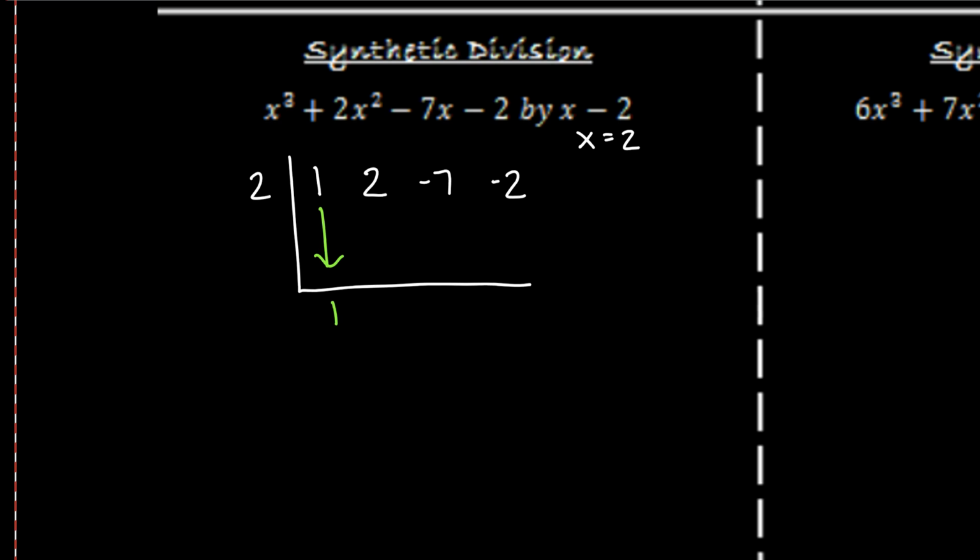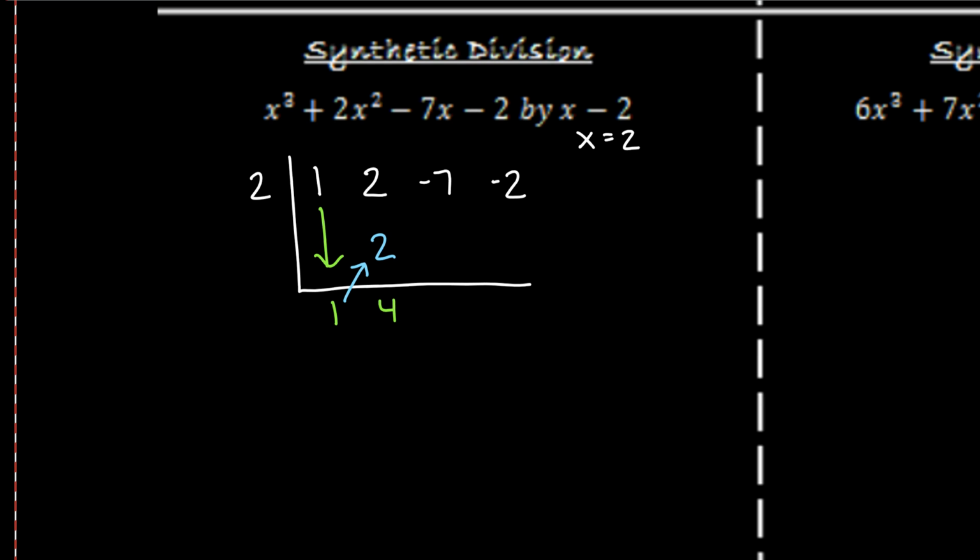Multiply 2 times 1, and what do you get? 2. And you place that 2 back inside underneath your next term. Then you're just combining. So what's 2 plus 2? 4. And then you just repeat.